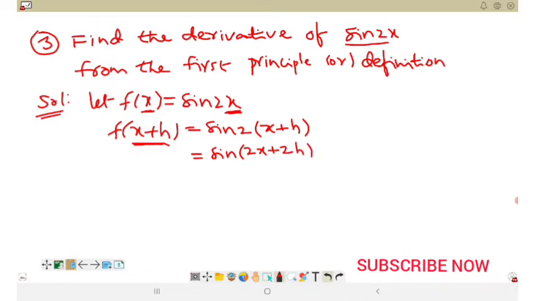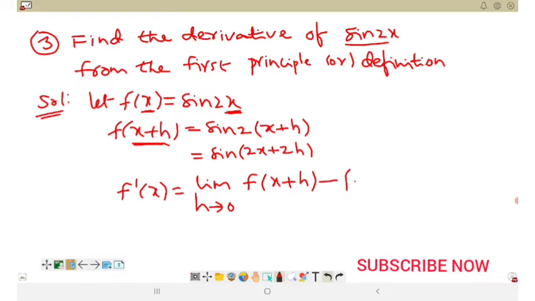So the first principle is f dash of x equals limit h tends to 0, f of x plus h minus f of x by h.